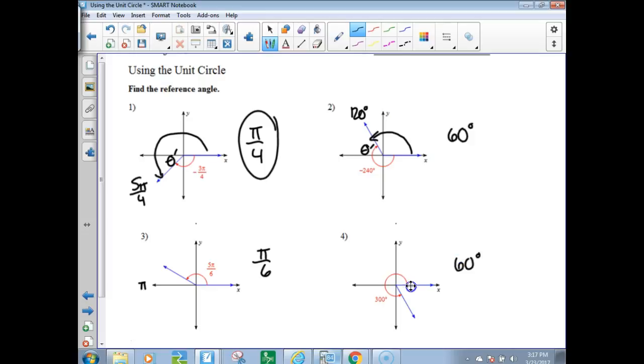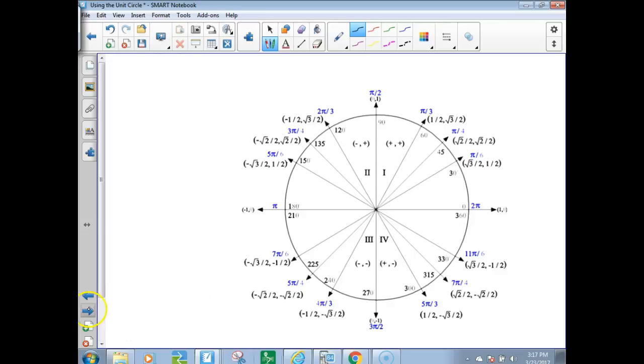That's the reference angle. So, you're going to have a lot of the same answer for reference angles.